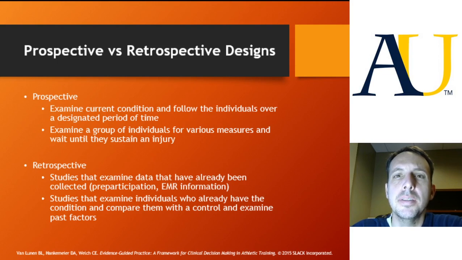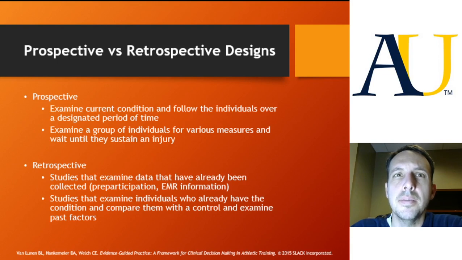In prospective studies, we come up with a research question and then set out to test that question by collecting new information. And so as such, there's more of an ability in a prospective research study to be able to collect data that will help us answer a research question more effectively.